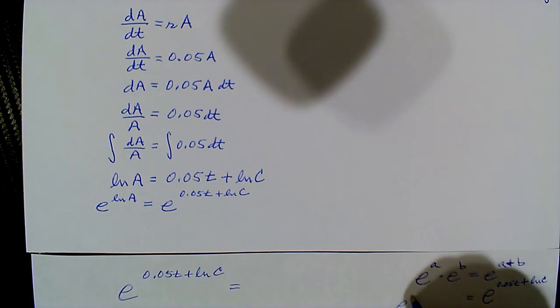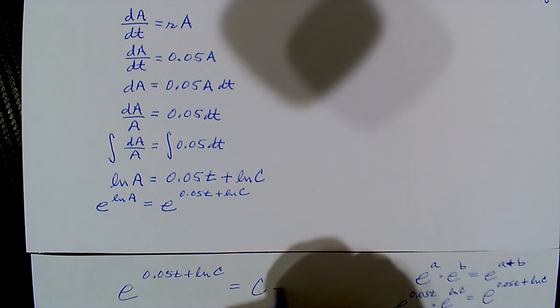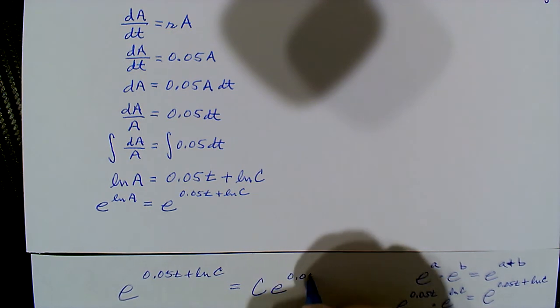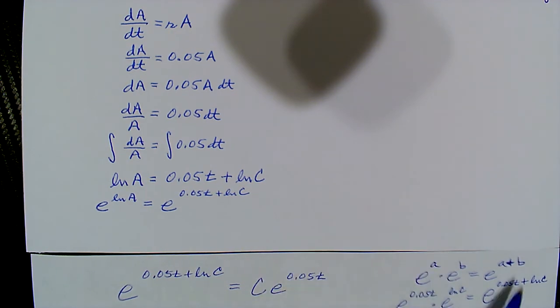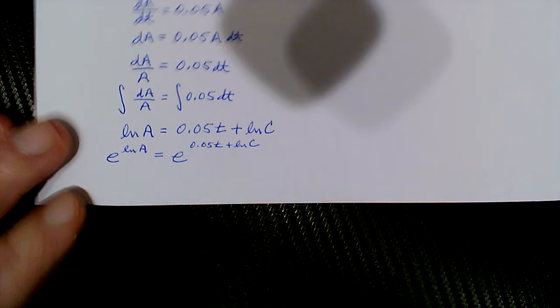So therefore this would be e to the 0.05t times e to the natural log of c, but then the natural log of c is just c. So what we want to do in the future is just go right from this point to saying that this is equal to c e to the 0.05t. So you don't have to show all this simplification. You could just jump right to that point.